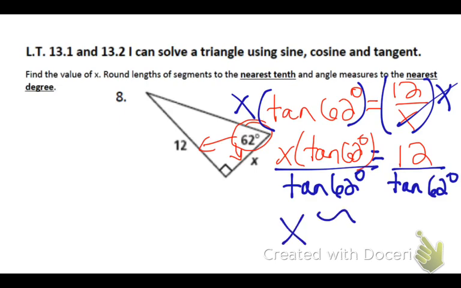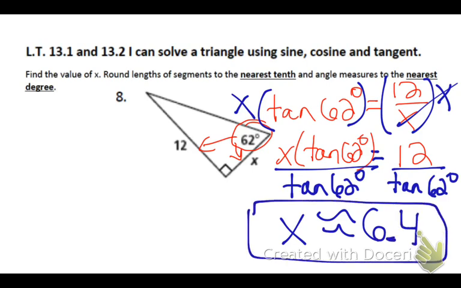So x is about, and then we just type that in. So that would be 12 divided by tangent 62, 6 point, I would round it to the nearest tenth, so it would be 6.4.